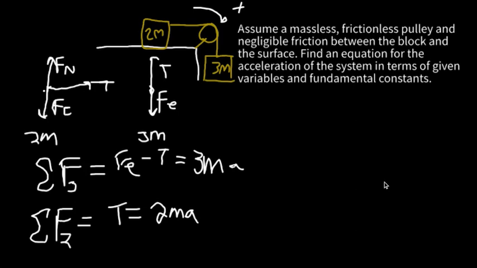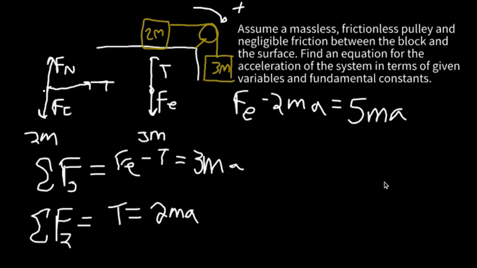Now what you have to do is know that critical piece of information that the tension is uniform. So we are going to substitute this value for tension up here. So that's going to give us the force of the earth minus 2ma is going to equal 3ma.